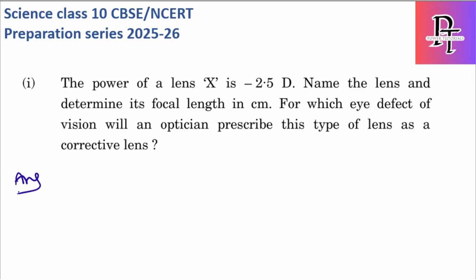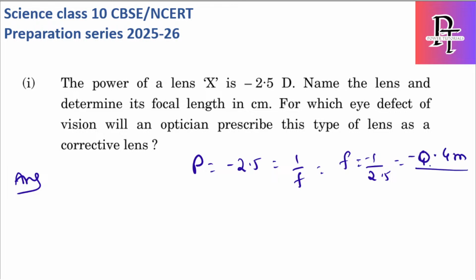The power of a lens X is minus 2.5 D. Power is minus 2.5, and power is nothing but 1 by focal length. So f will become 1 by minus 2.5, which is minus 0.4 meter, because diopter is always measured with meters.